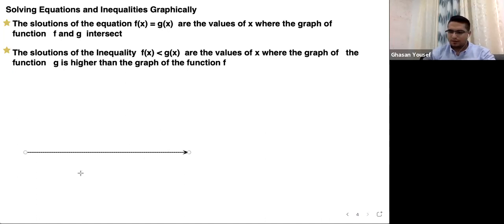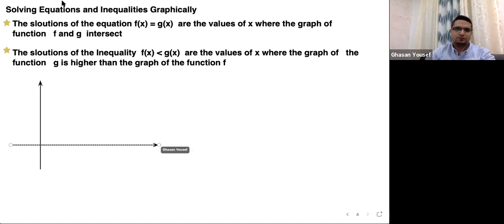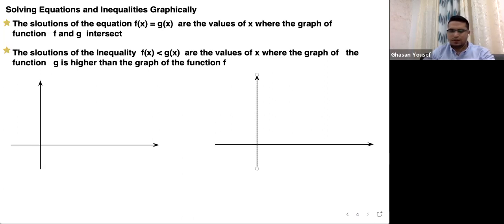So suppose my graph looks like this. Here's my second graph, and this is my first graph. Suppose my first function is g. Here is my function g.